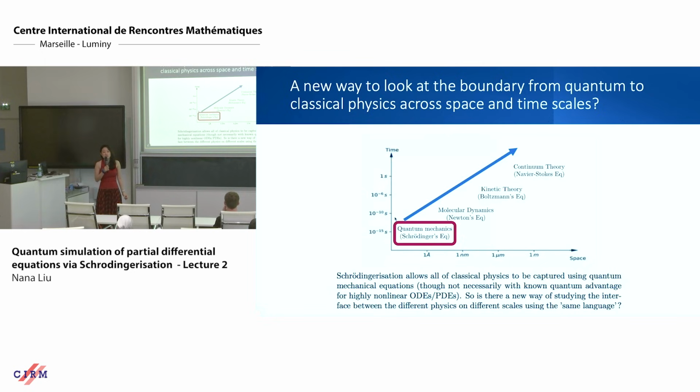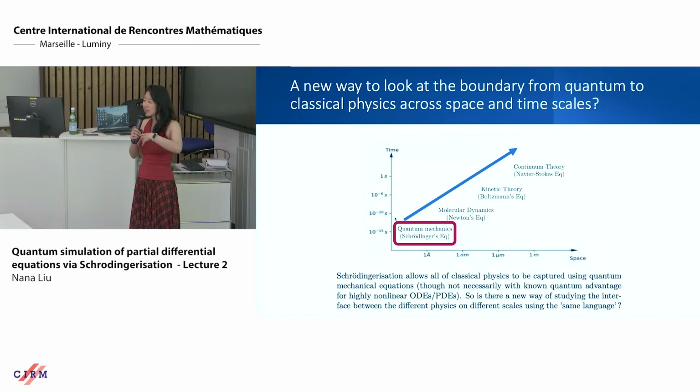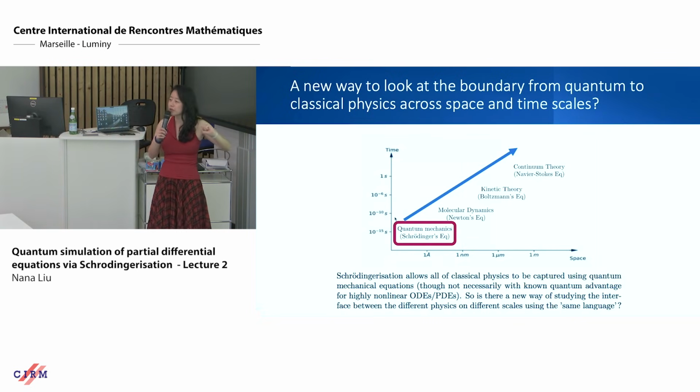So it's really saying that with collective behavior you lose a lot of information, but it can still be mapped onto some foundational quantum mechanics.